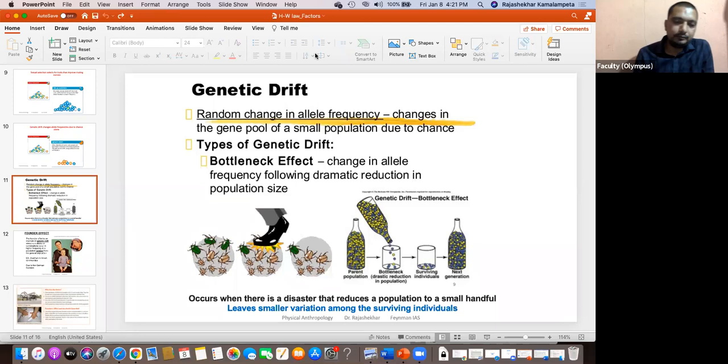Look at this example. So what do you notice here? In a small population of some bugs, there are two colors of bugs. One is brown, another one is green. Someone accidentally stepped on them. So what happened? Most of the green ones are dead, leaving only one green one.